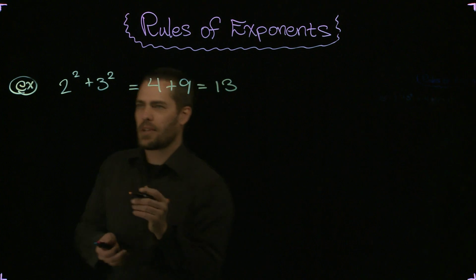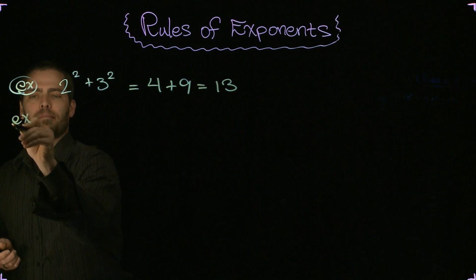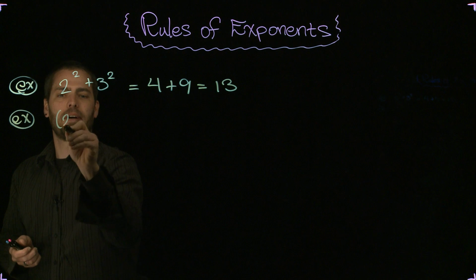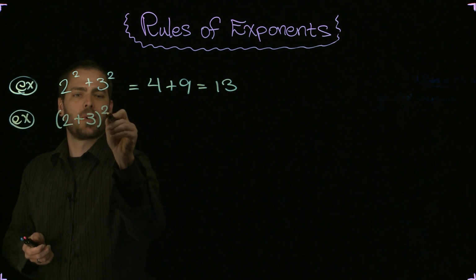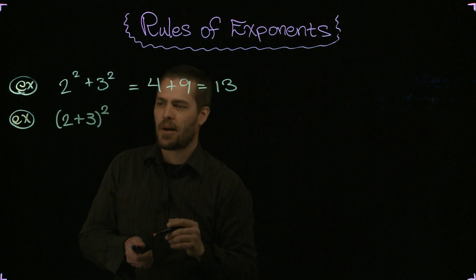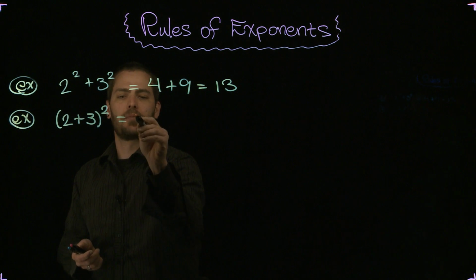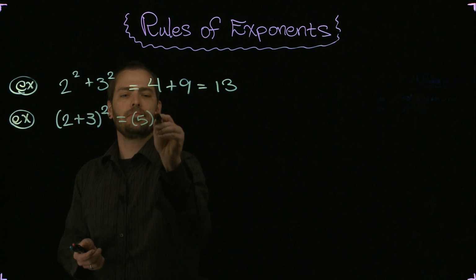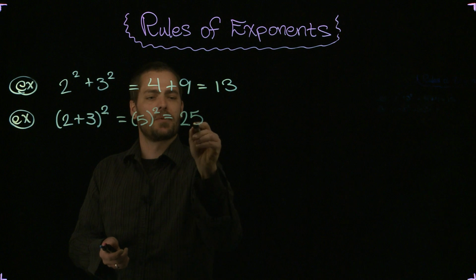Now, the reason why I wanted to illustrate this is to contrast it with the following. What if I had 2 plus 3 in the parentheses squared like that? How would this come out? Well, again, order of operations tells me let's do that stuff in the center first. 2 plus 3 is 5. Square that means 5 times 5 gives me 25.